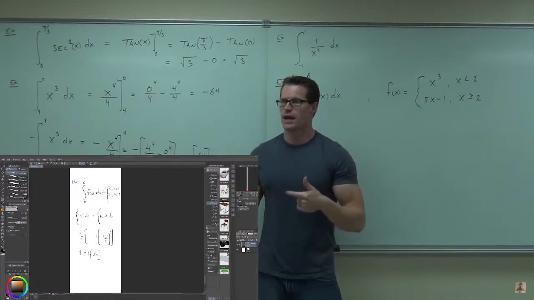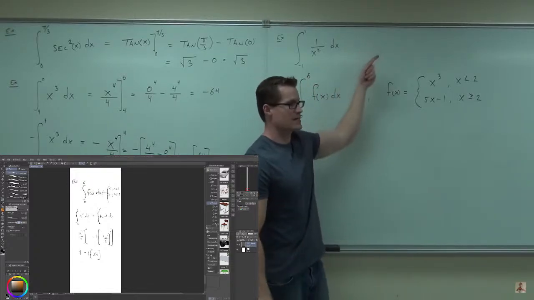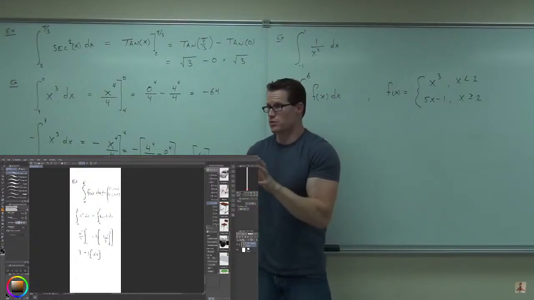So, can you break up this integral in a very similar way I did up here so that you can make maybe 2 different integrals?